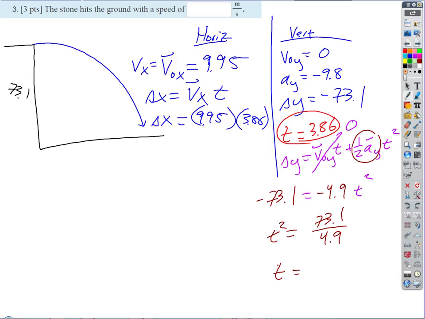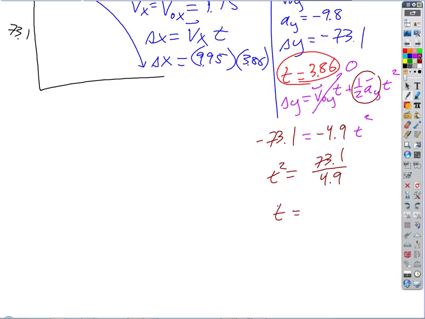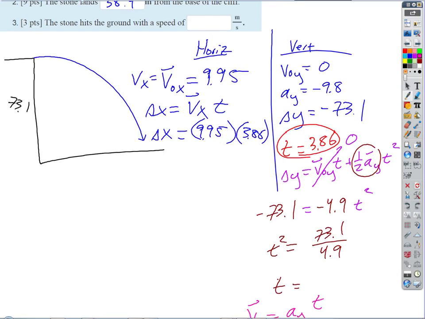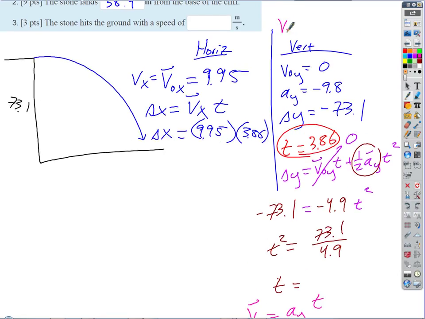And we could just say v sub y just equals the initial velocity, which is 0, plus a sub y times t. A sub y we know, that's negative 9.8. T is 3.86, right?